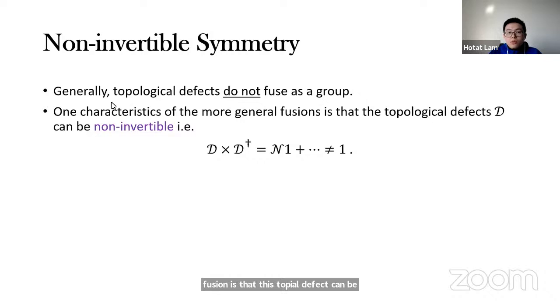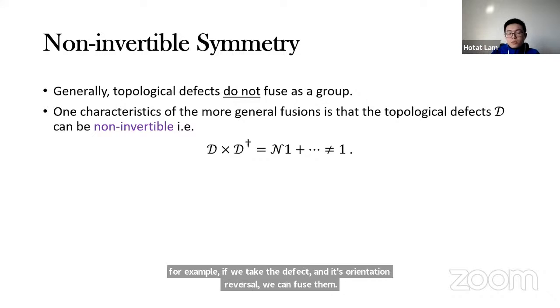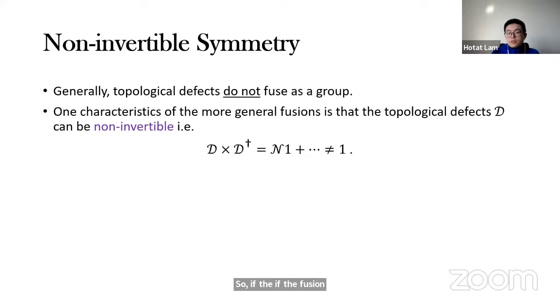That's why these symmetries are called non-invertible symmetries. When I say a defect is non-invertible, what it means is, for example, if we take the defect and its orientation reversal, we can fuse them. If the fusion is group-like, then this will just give us the identity. But if the fusion is not group-like, in general it will give us something that is not the identity plus some additional stuff.